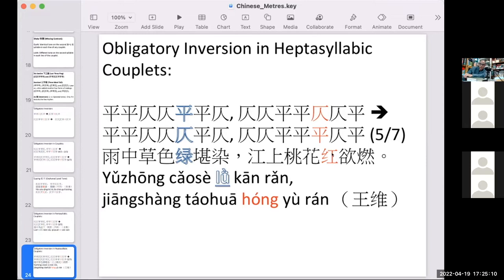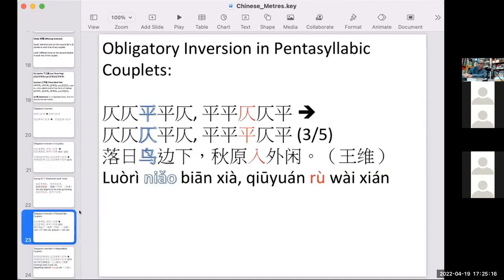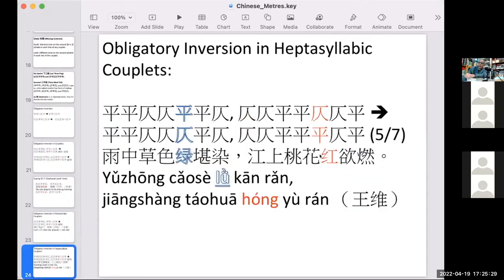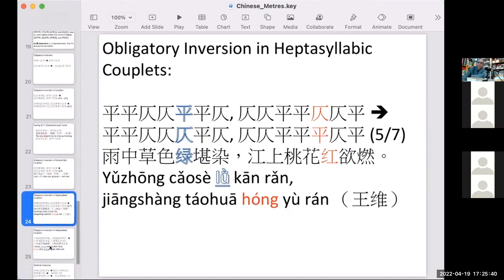So he actually changed it. Hong is ping, so it's correct. So here he did it, while in the previous example he kept this one as zi, though he had the option to change it into ping, but he didn't do it. He did it here. That zi should be changed into ping. He did that by using hong, which is a ping sheng.